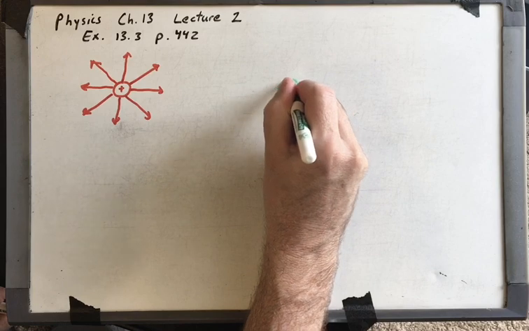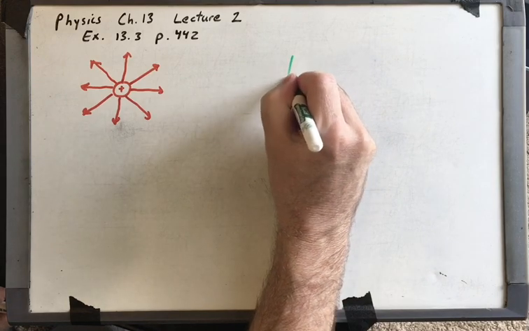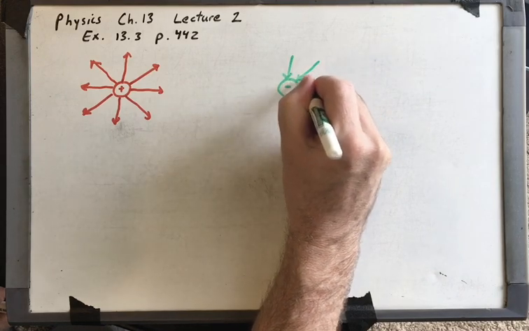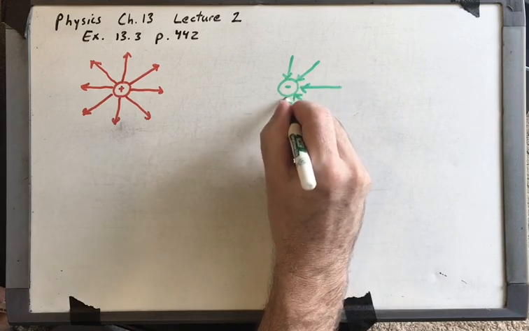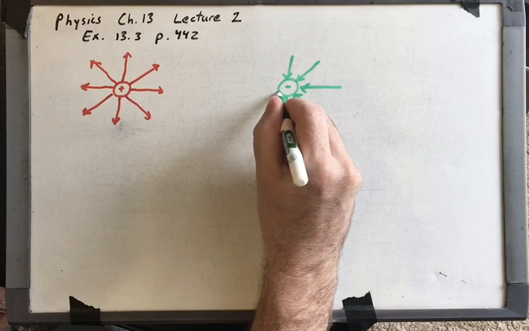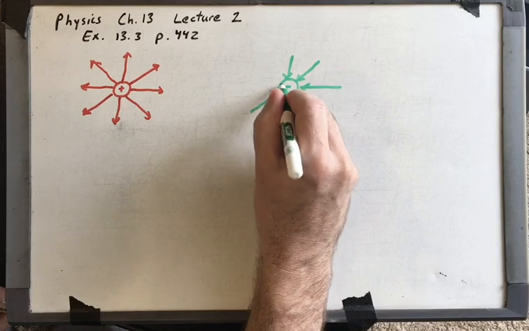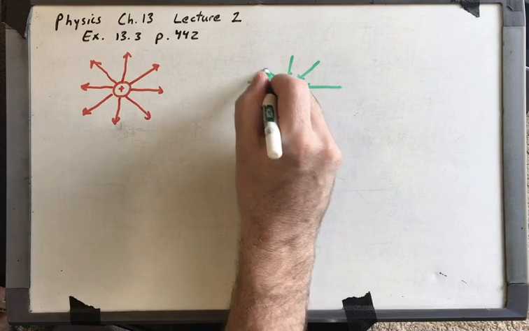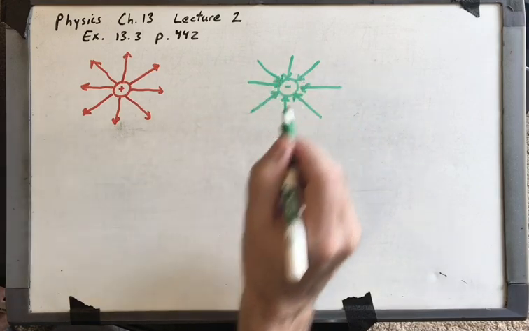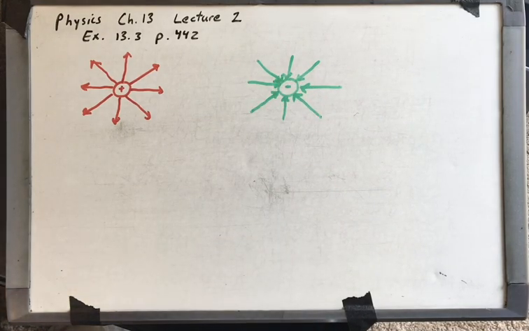For negative, we show the field lines going in. So I will link in the description box a video that shows Michael Faraday and it's a dramatic video about him discovering electric field lines.